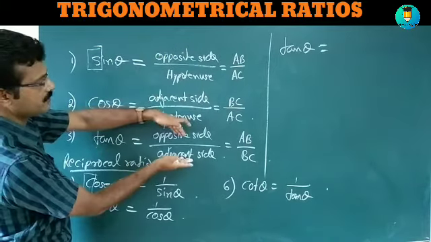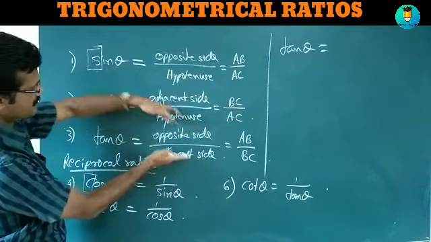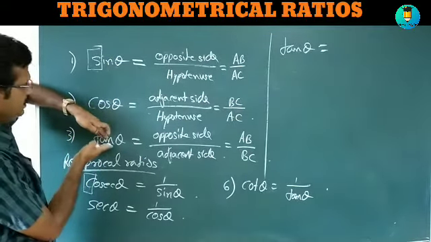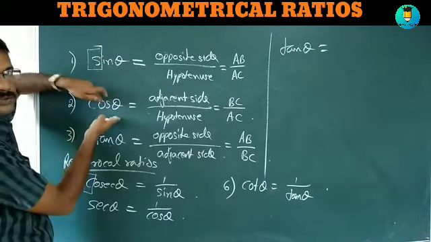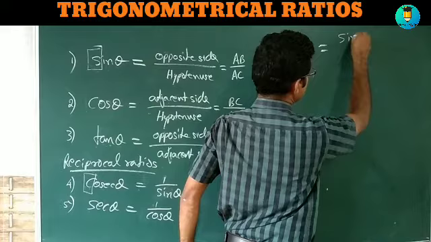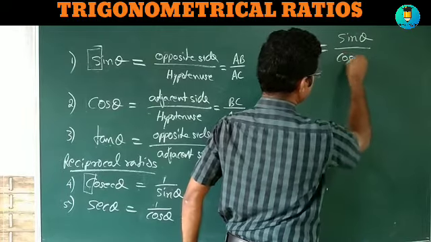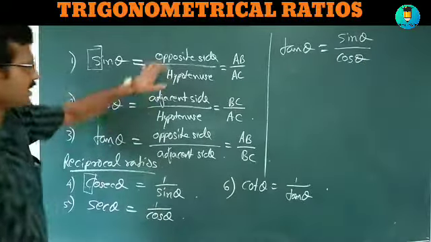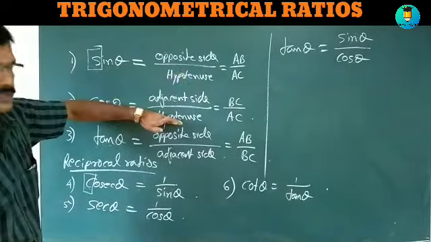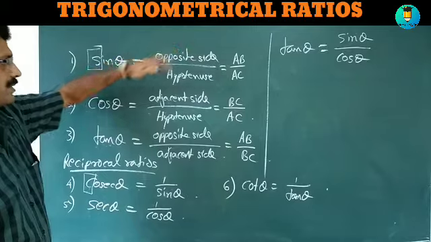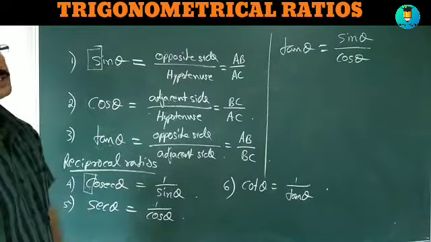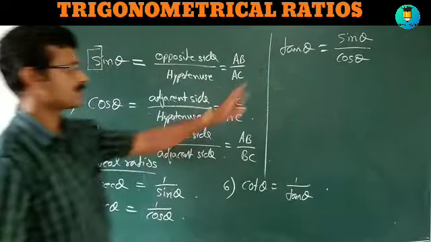Opposite by adjacent, we know what it is? Opposite by adjacent is tan theta. That means we can say tan theta is sin theta by cos theta. That is one relation. If you divide sin with the cos, the hypotenuse will get cancelled, and opposite by adjacent will be left over. That is tan theta. So tan theta is equal to sin theta by cos theta. This is also one relation.